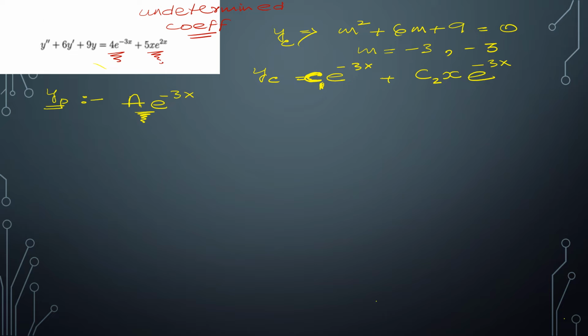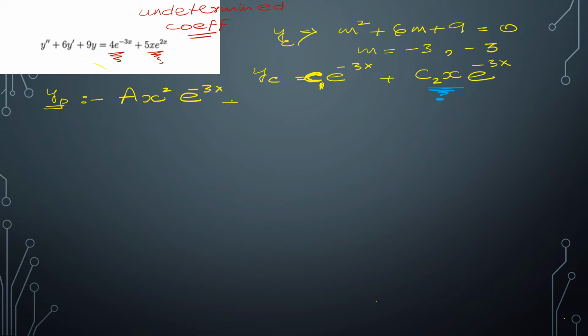So I cannot write another constant, which could be anything, with the same function. So if I write ax, you can see that on the other hand, I wrote c2 x e to the power of -3x, which means this is also not my solution. I can't write like that. So the only option I could write is ax square e to the power of -3x.